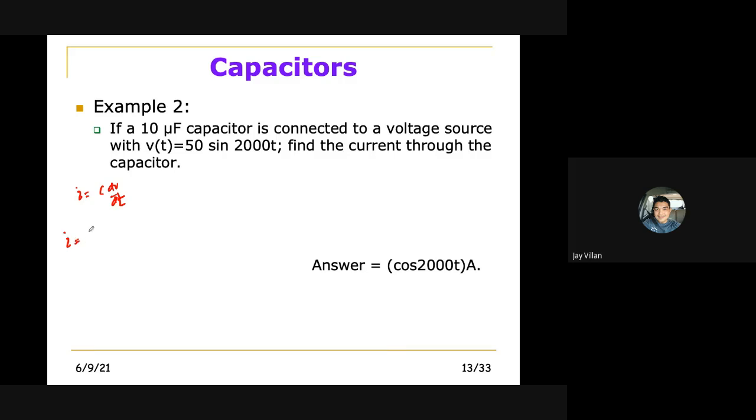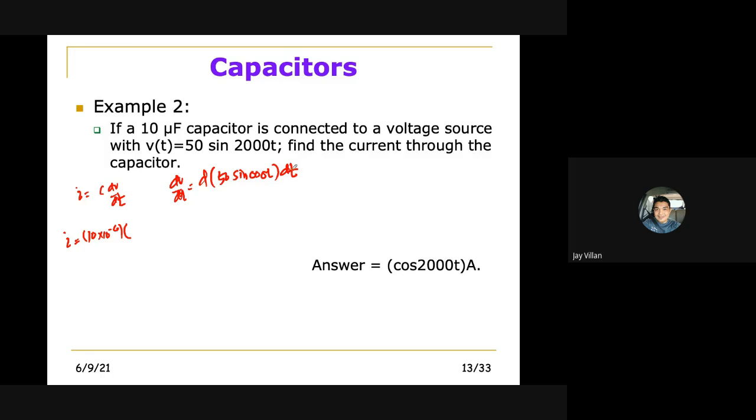So I is equals to 10 times 10 to -6 times, what is dV over dt? So dV over dt is derivative of 50 sine of 2000t times dt.